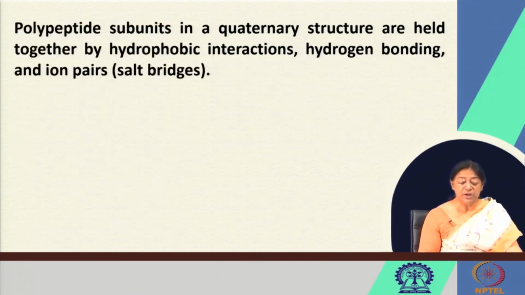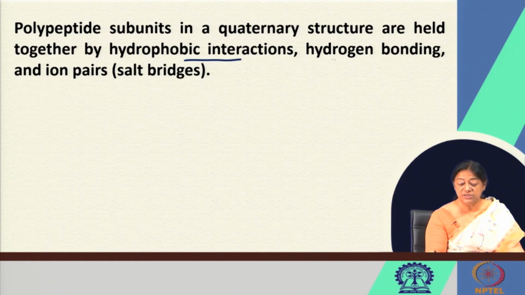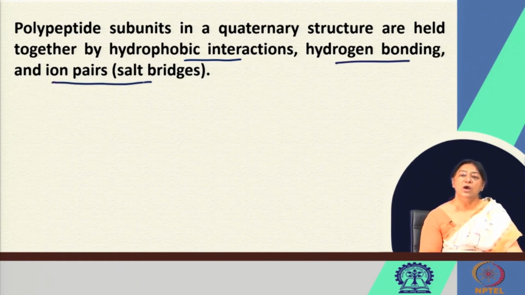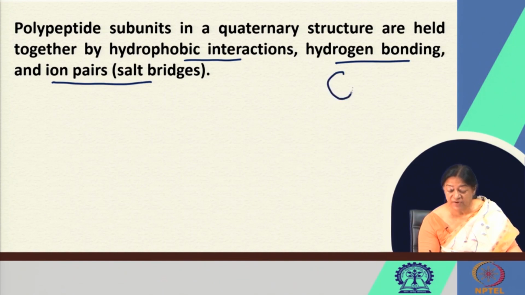When we have these polypeptide subunits in the quaternary structures, they are held together by hydrophobic interactions, hydrogen bonding and ion pairs. So, what are we now looking at? We now have the folded compact structure, and in a regular globular protein we know that we have the hydrophobic core and the rest of the amino acids on the surface. Now, what happens if we have a dimeric protein?